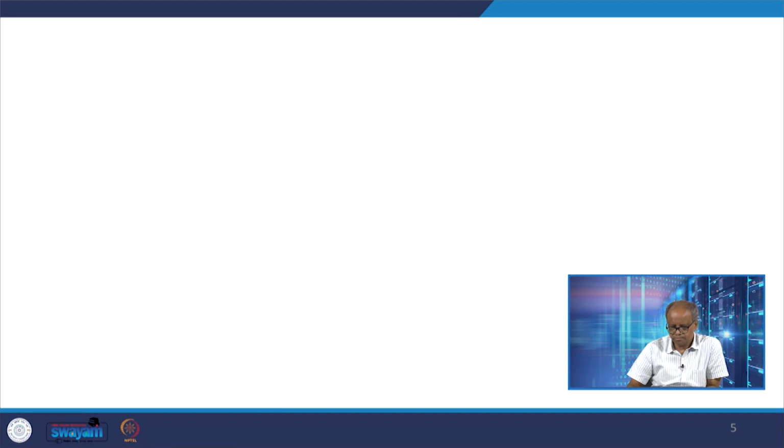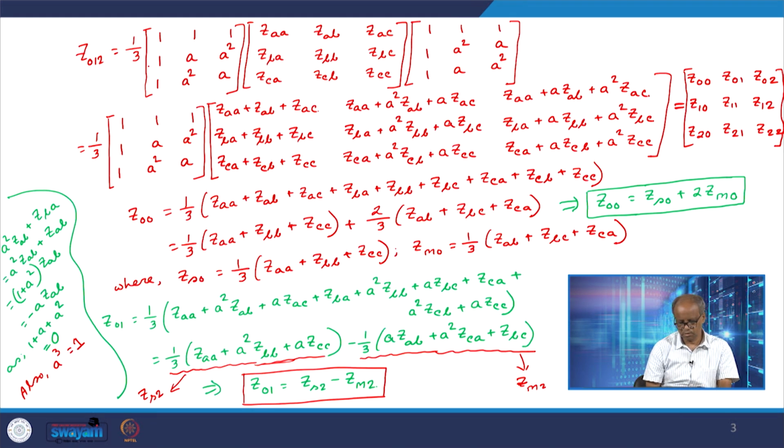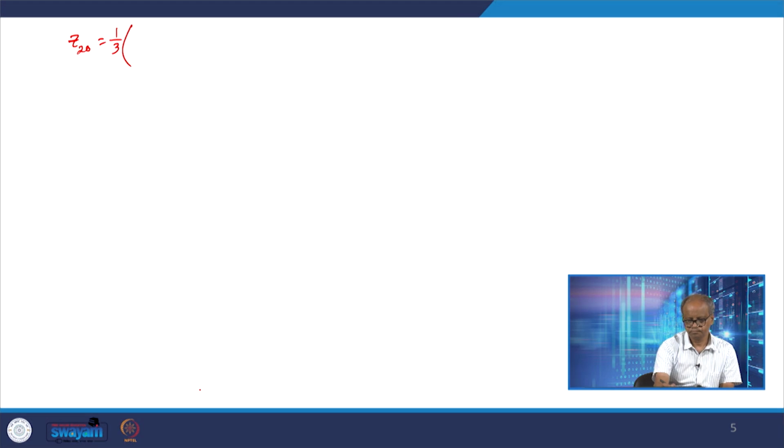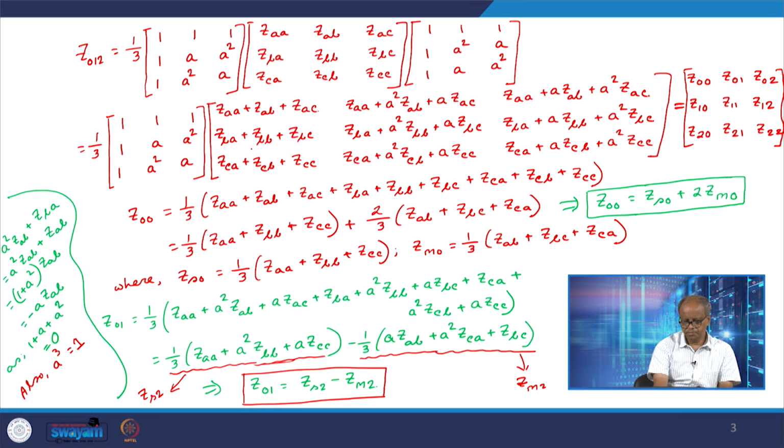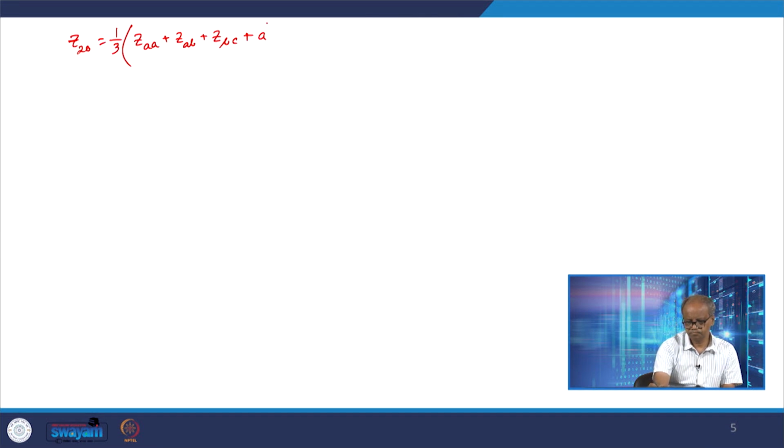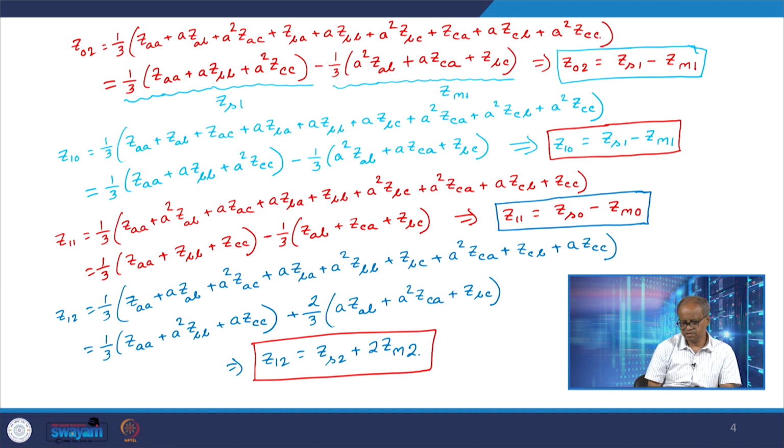So Z20 would be 1 by 3 ZAA plus ZAB plus ZAC, plus ZAB plus ZBC, plus A square ZBA plus ZBB plus ZBC, plus AZCA plus ZCB plus ZCC.